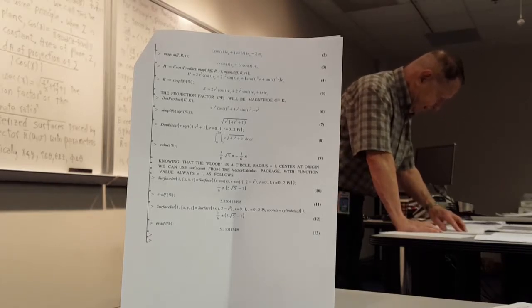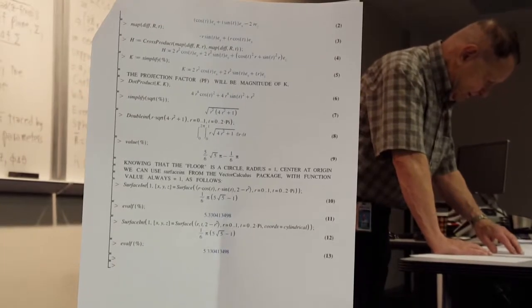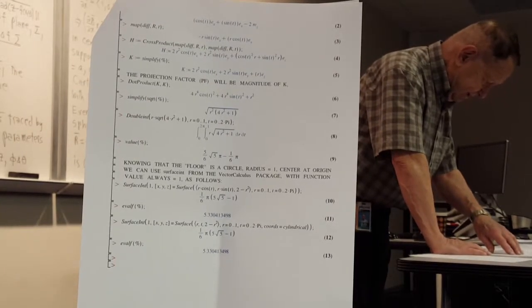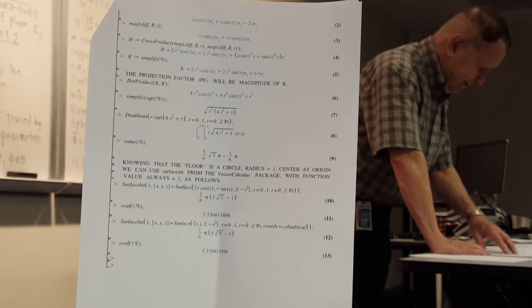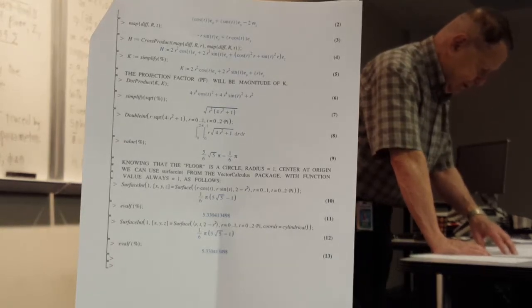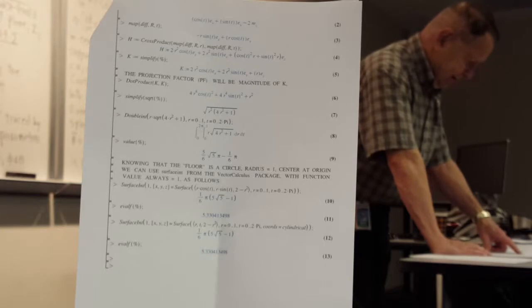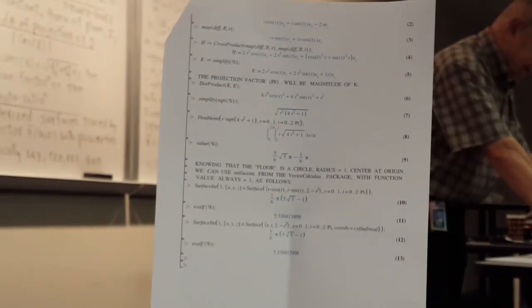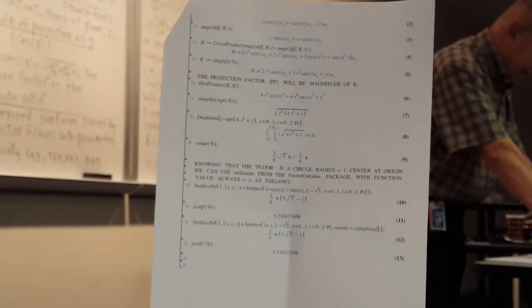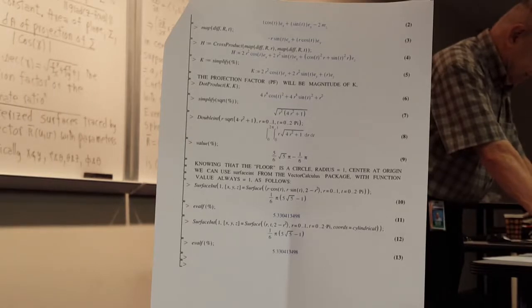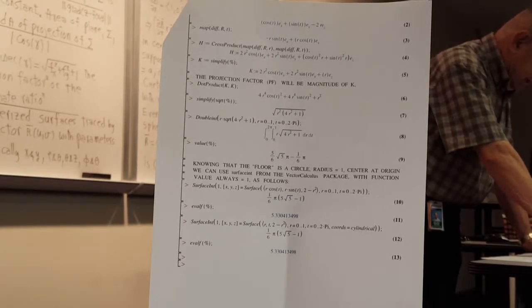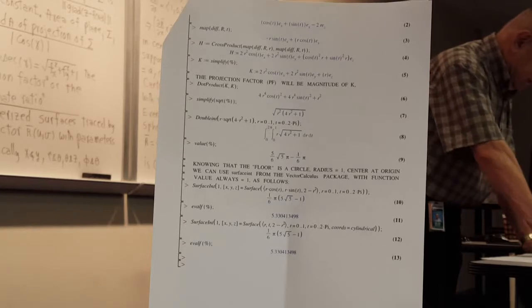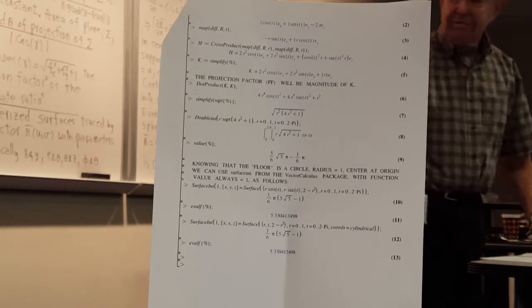So I have my 2r squared cosine, 2r squared sine, and r. And then the magnitude of that is this projection factor. So I'm dotting line 5 that I've called K, and then I'm taking the square root, and you see line 7 is my projection factor.